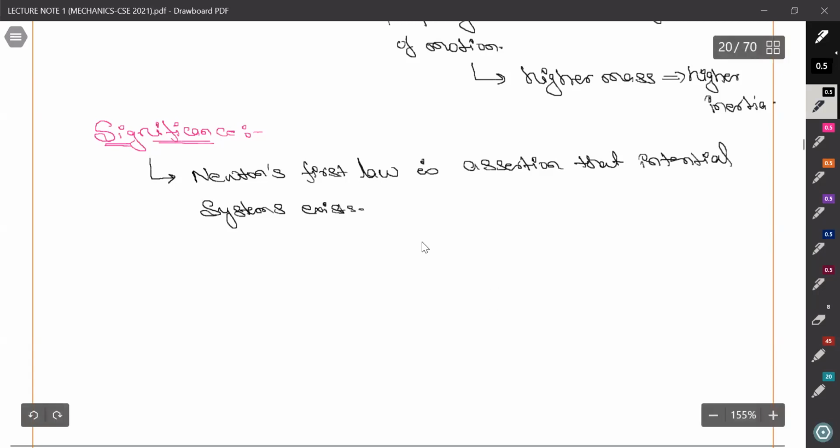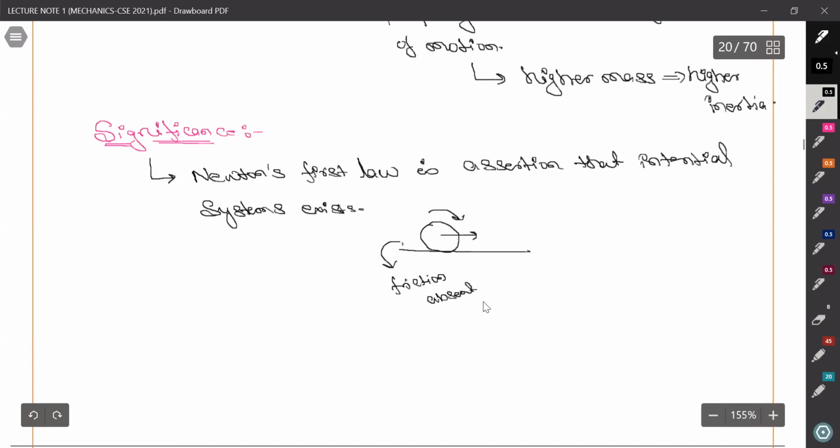For example, try to understand this. Suppose this is a ball rolling on the ground. If we remove all the forces, let's suppose friction is absent, what do you think? Will it come to rest?